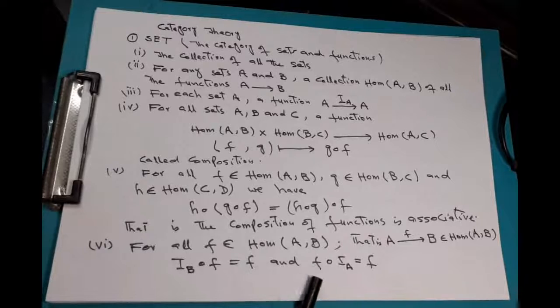These two rules are very easy to see from this particular arrow, because the identity function on A will be a function from A to A, and then you compose with this.